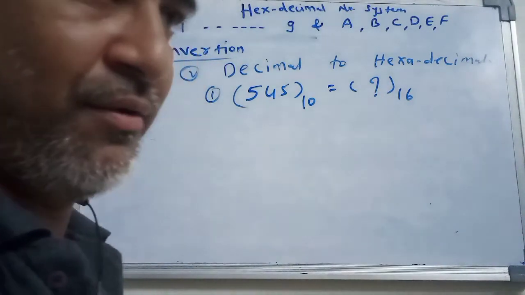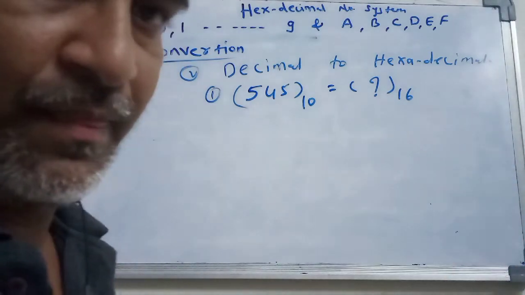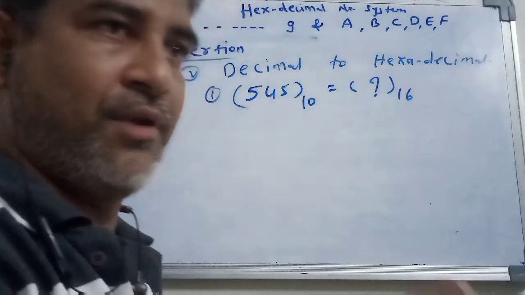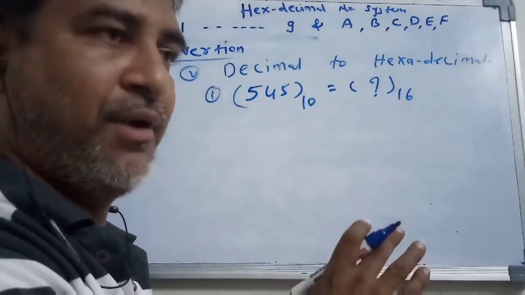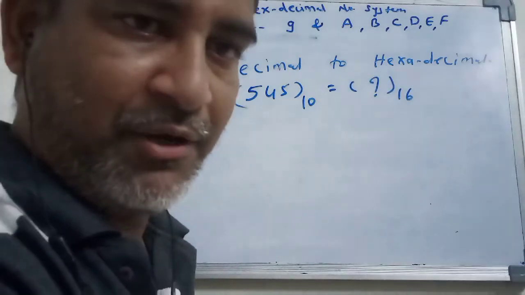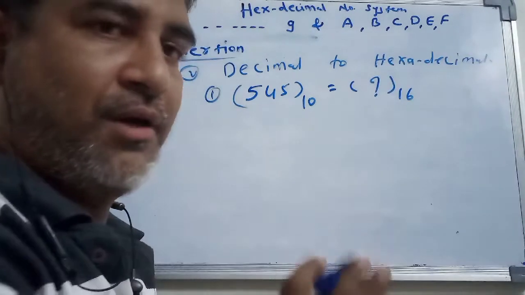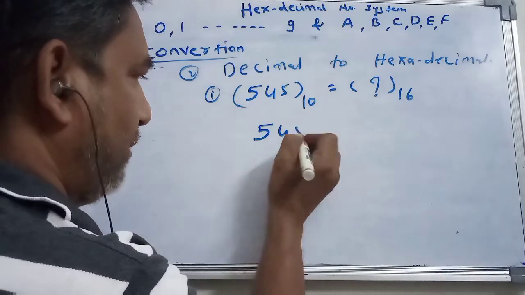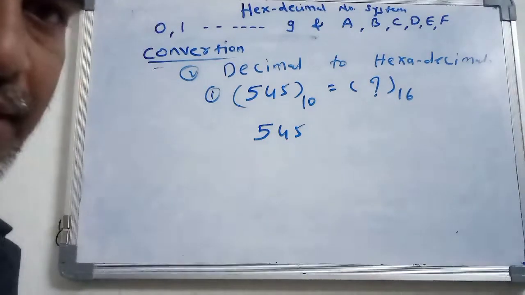You have to divide that number by 16. Previously we were dividing the number by 2. Now we have to divide that number by 16, and whatever the quotient and whatever the remainder you get, you have to write down outside. Okay, just solve this one.